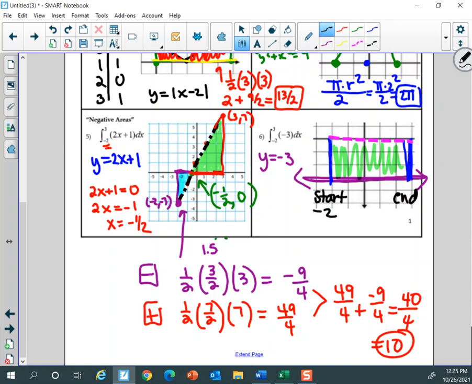This is my end, this is 3. If I'm going across like this, this is all under the x-axis, so it's all negative. So this is -5 times 3, -15.